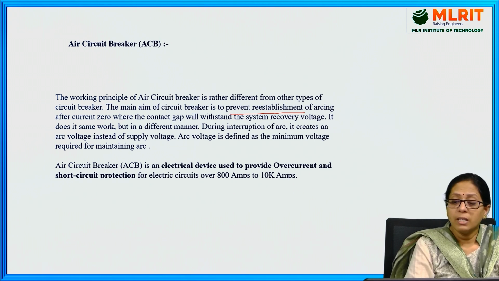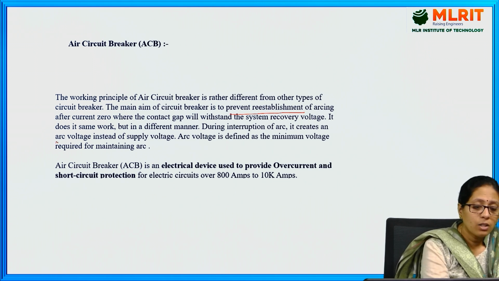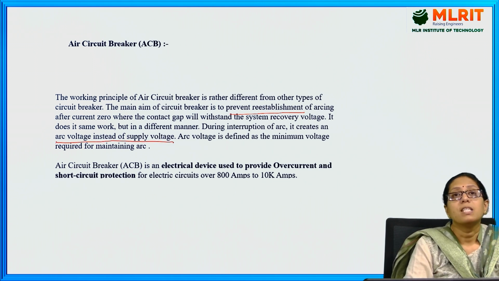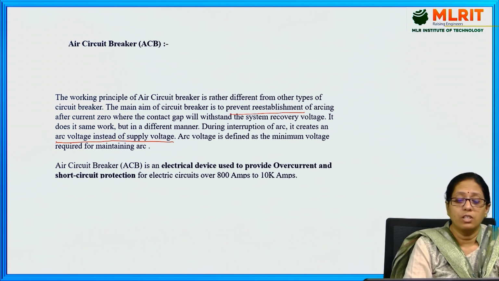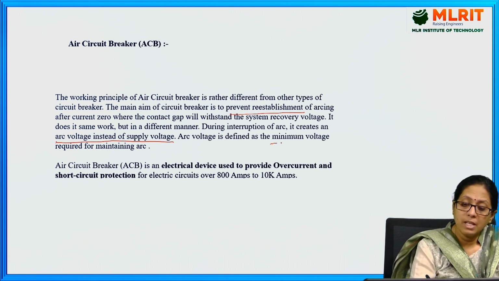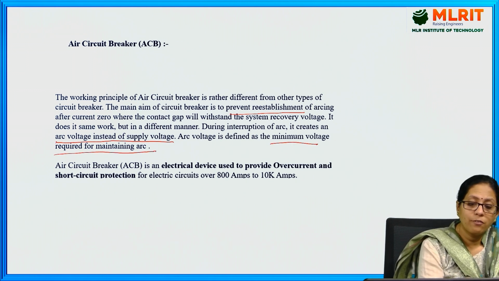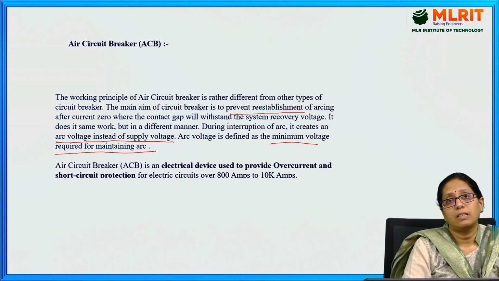So during interruption of an arc, it increases an arc voltage instead of supply voltage. That means it creates an arc voltage instead of supply voltage here. The arc voltage is again defined as the minimum voltage required for maintaining an arc.